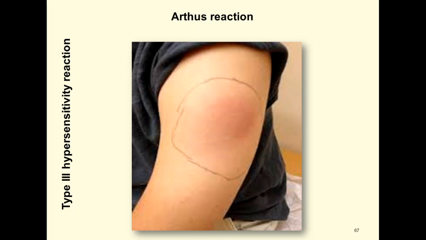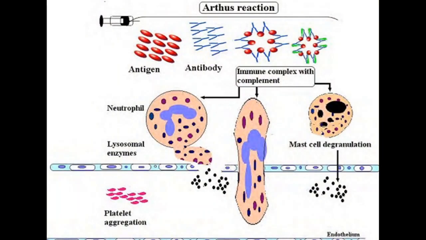because microscopically we could find vasculitis and even necrosis of the wall of the vessel. Also, Arthus reaction could be made worse by thrombosis because of the platelet aggregation.